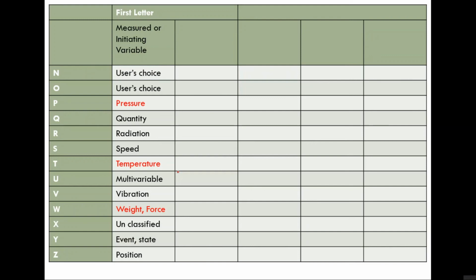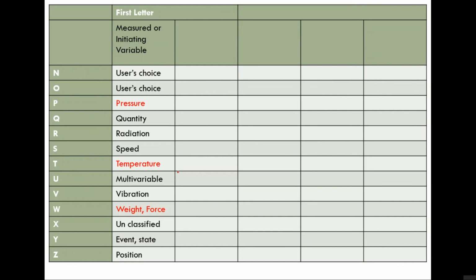If you are using some event based controller, event management, then we can use Y. E is used for voltage. So here Y is event. Y for event. And the next one is also very important, Z, position. Z is used for position.